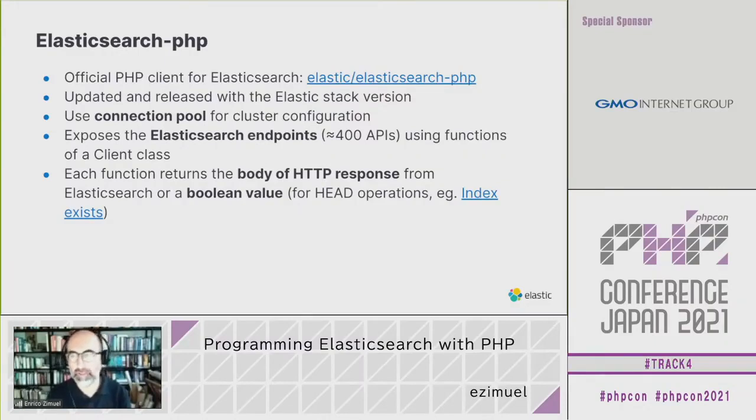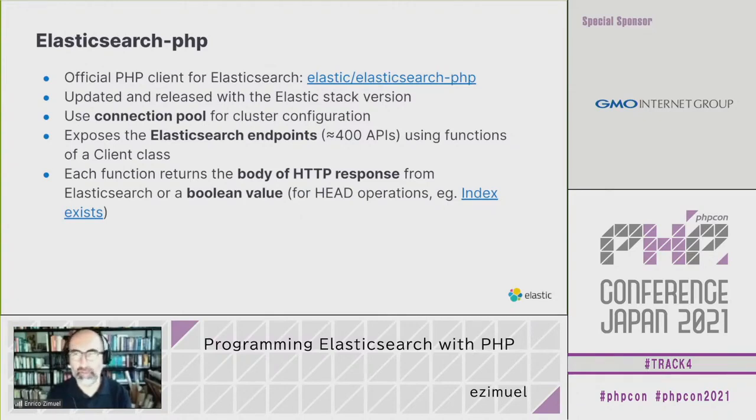When you execute one function, so one endpoint, under the hood there is an HTTP connection, and the response is the body of the HTTP response. As you know, the body is JSON. So by default, we serialize using an associative array, so we will get the response as an associative array.